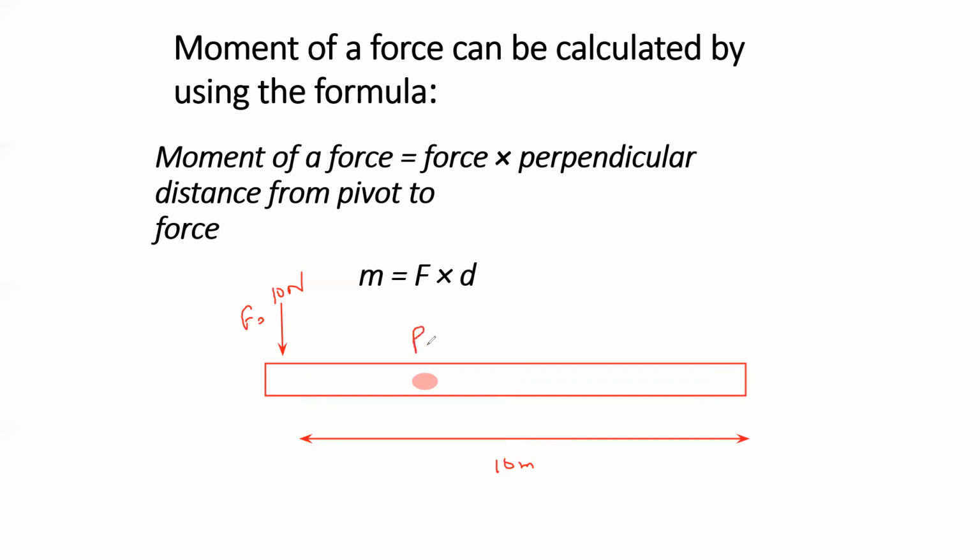And this is the position of the pivot. This is where the pivot is placed. And the distance between the pivot and the other end is 7 meters. The question was to calculate the moment. So how do we calculate the moment? The moment is force multiplied by the perpendicular distance of the force from the pivot.